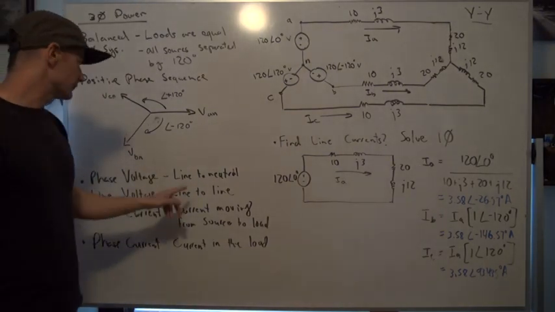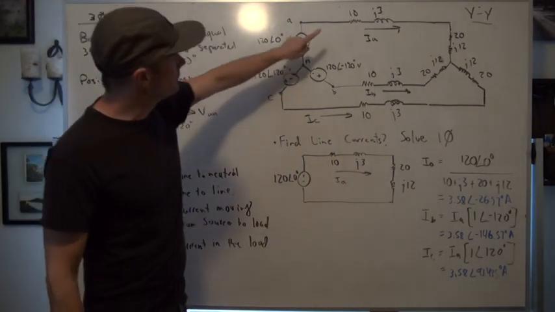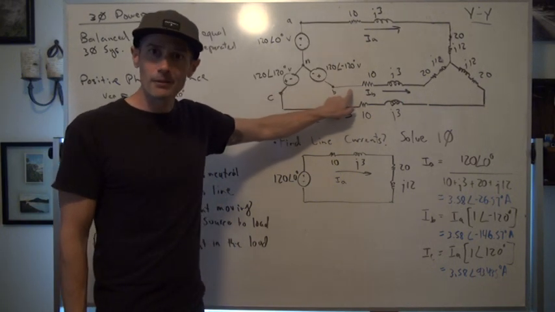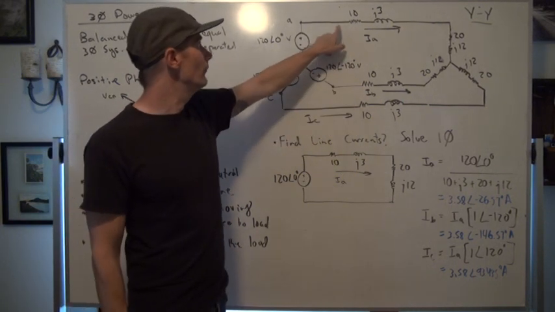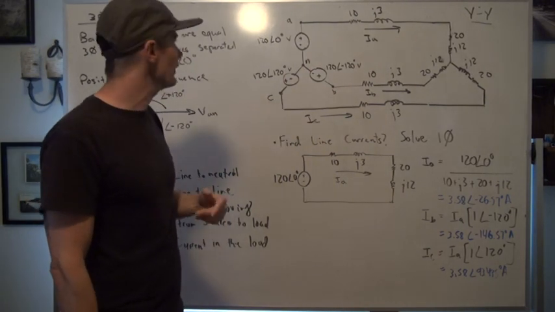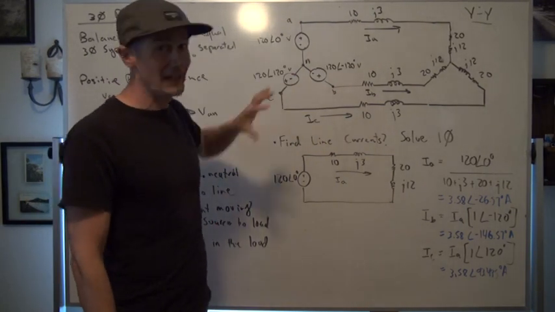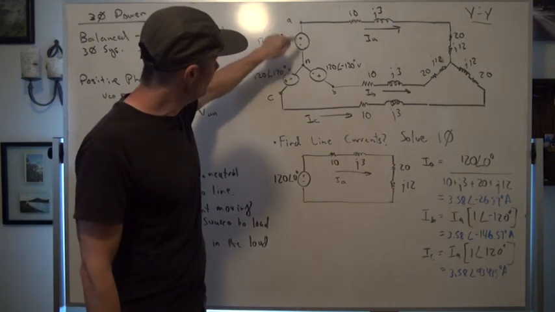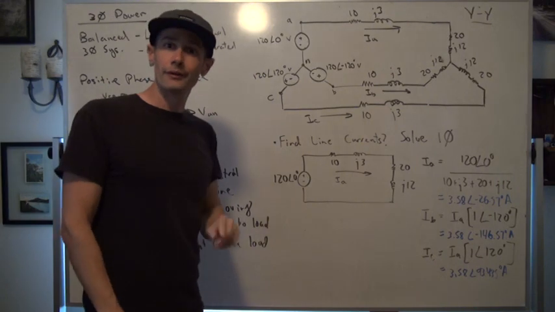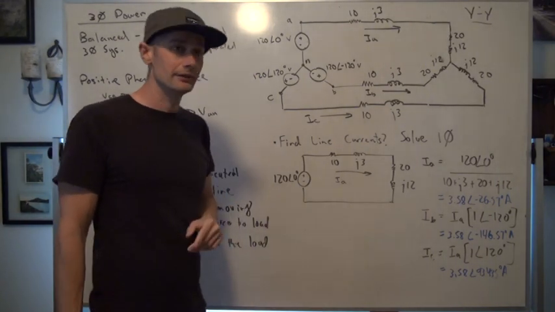A line voltage is the voltage that we'd measure between phase A and phase B, so VAB. Another way of saying that, by KVL, is VAN plus VNB, or VAN minus VBN.